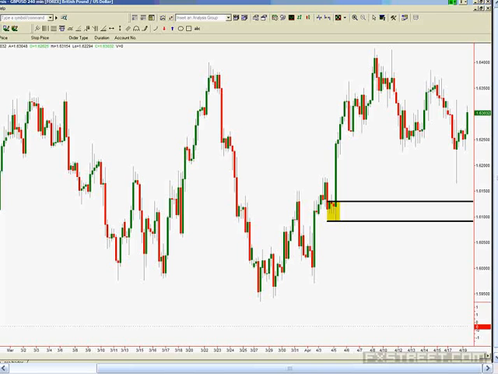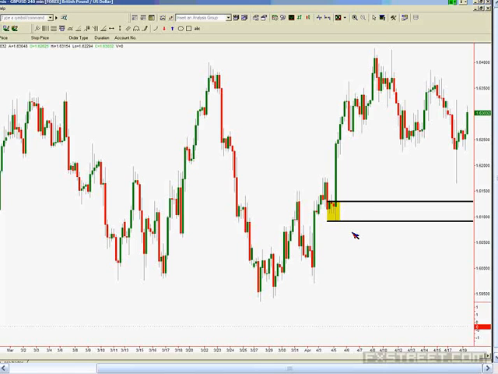It's okay, but the problem is this wick on the bottom. See the wick at the end of the base? If there's a wick halfway through to the end of the base that goes pretty deep, pretty low, probably not a good level, right? Because we would be buying up here at the top black line. So take a look.